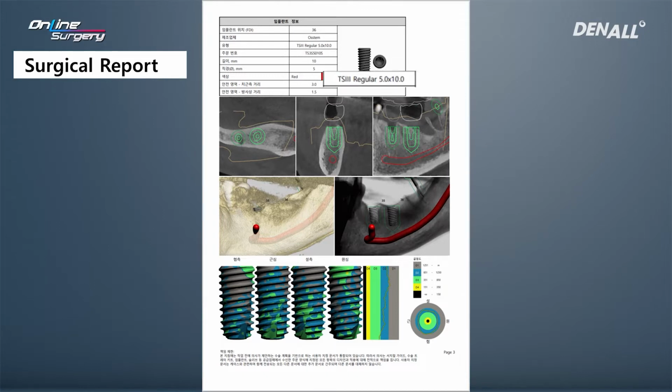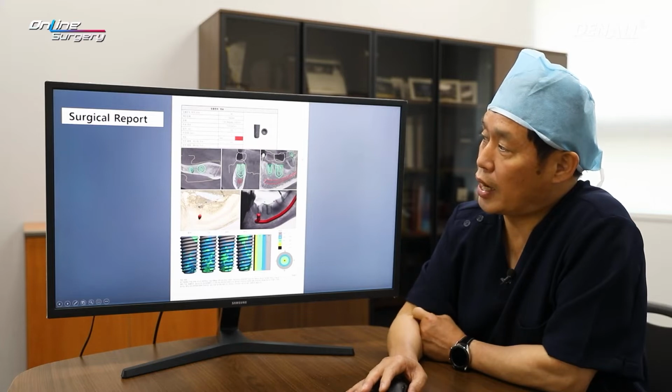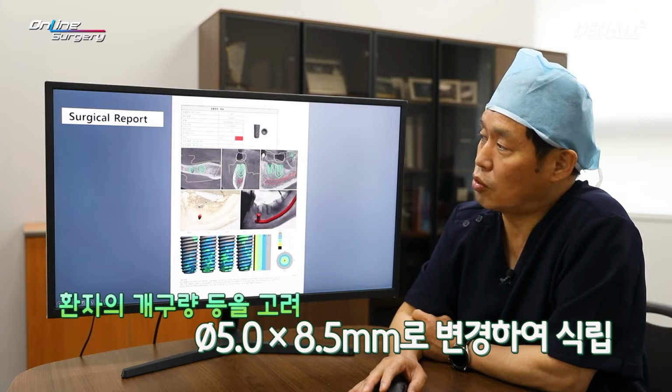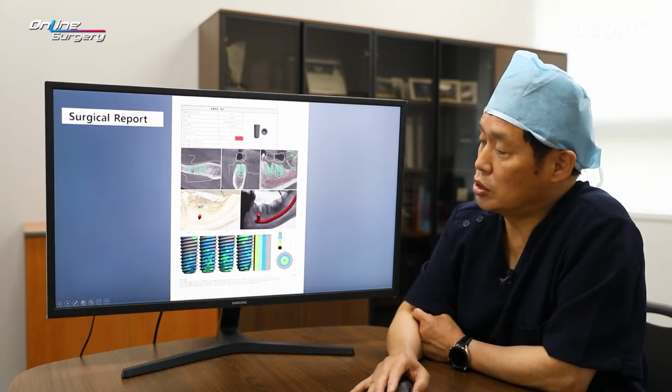So the OneGuide team and we decided to place a TS3 5.0 by 10 millimeter implant, but the patient was female, and considering the amount of mouth opening, I thought maybe we need to change to 8.5, even for the distal implant. Considering the patient's level of mouth opening during surgery, I placed a 5.0 by 8.5 implant.